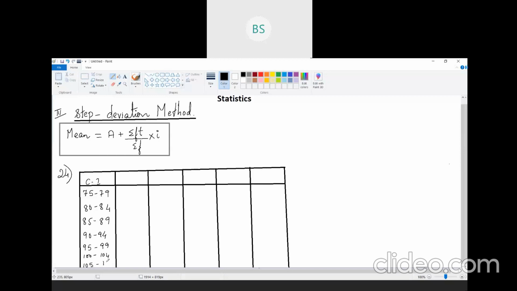So now what we have to do is first make them continuous. So we will find out the new, continuous class intervals.